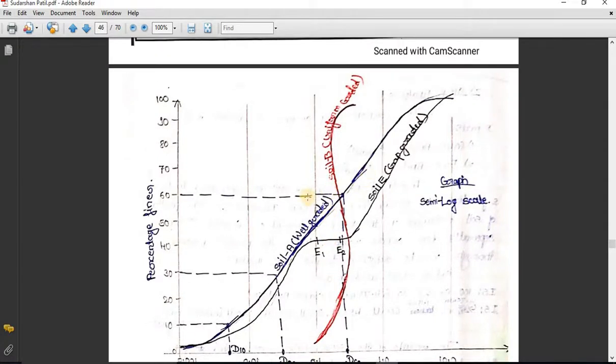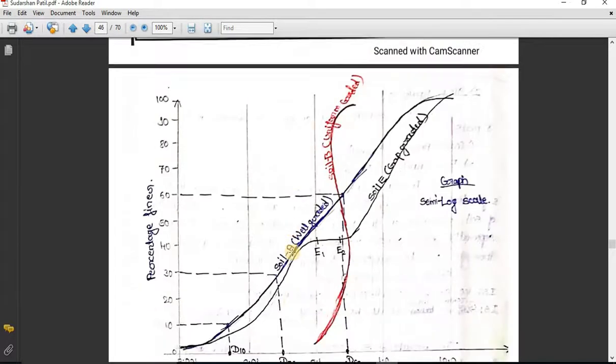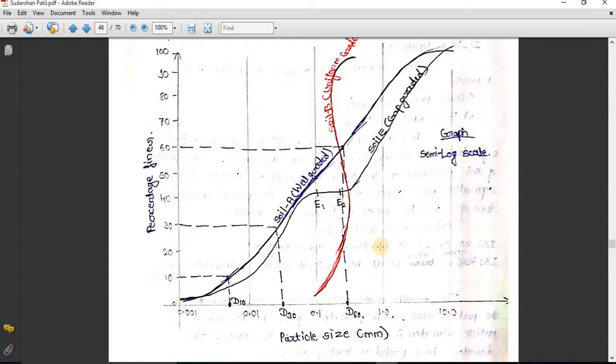Another type of soil sample which I have not shown here is called poorly graded soil. We can say the soil is poorly graded when it does not have appropriate representation of all the sizes of the particles. All the sizes may be present, but one size may be present in a very small quantity and another size in a very huge quantity.